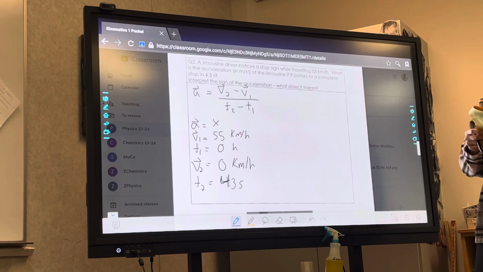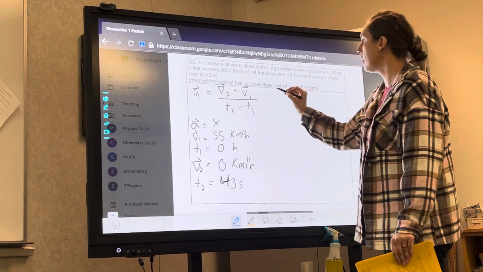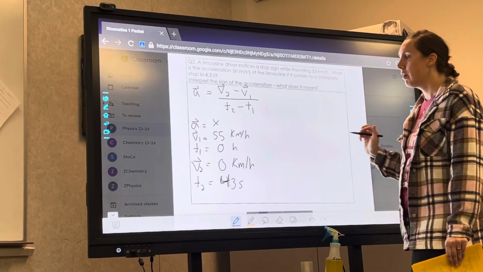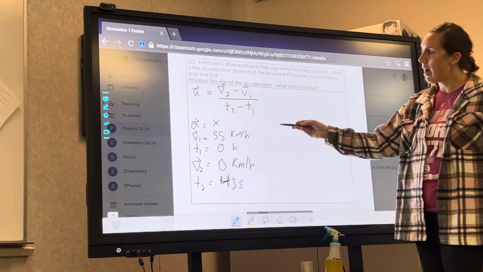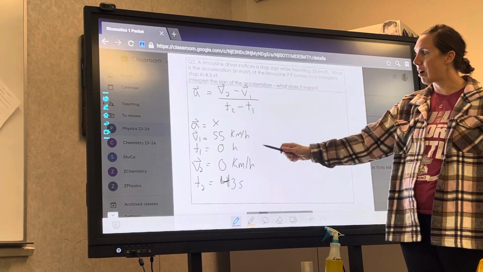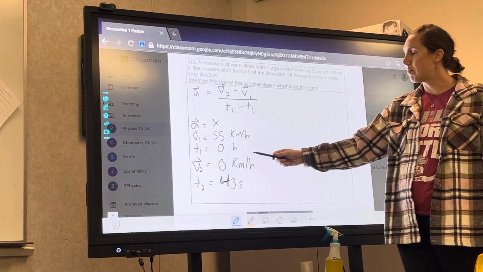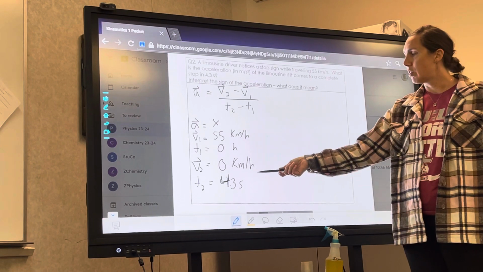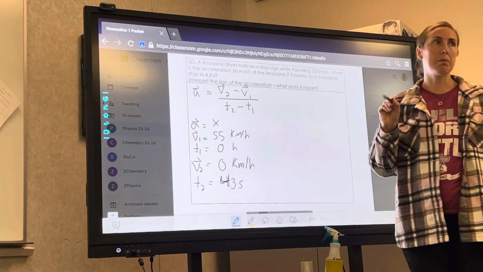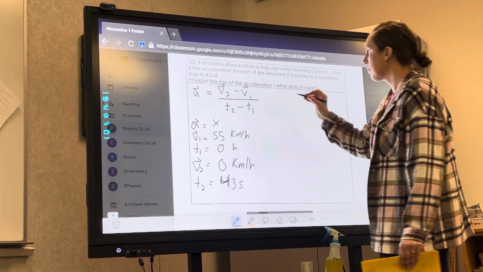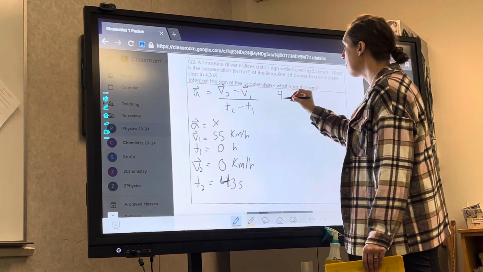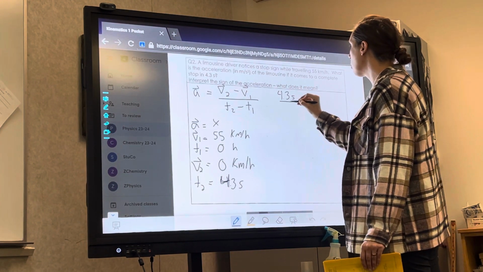So first off, we do have to do a conversion. I'll do one conversion with y'all just so y'all can practice, okay? So I'm just going to put it up here and we'll box it off. Because we have kilometers per hour, 0 hours, let's convert seconds to hours so we can plug it in. So 4.3 seconds over 1.